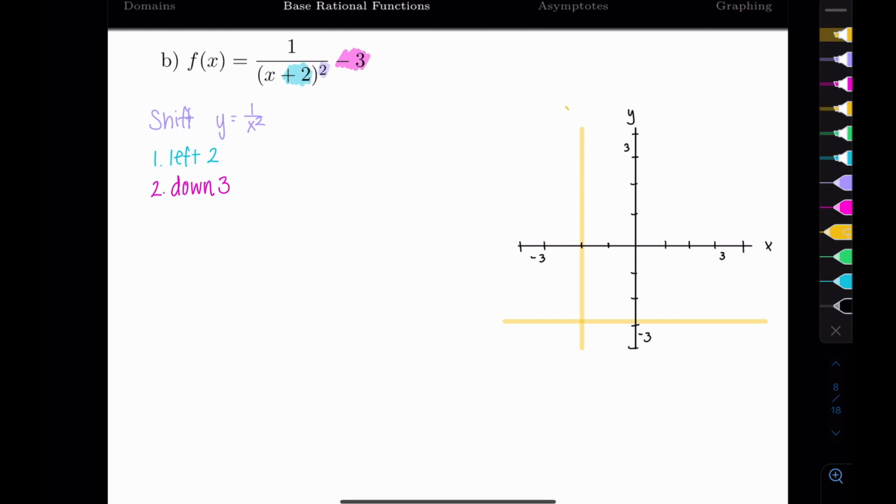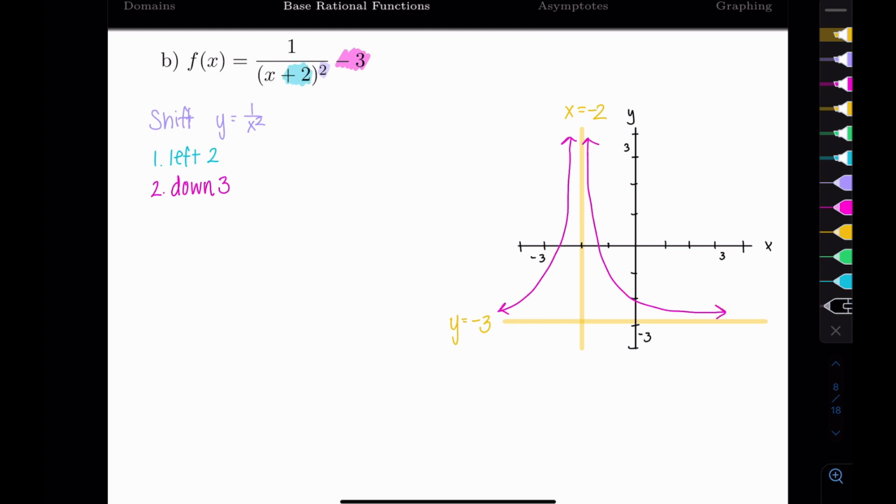So we now hug the line x equals -2, which is the problematic value for this function. And then we're also going to hug the line y equals -3. But the overall shape of our graph is not going to change. It still looks like y equals 1 over x squared. And we hug these lines.